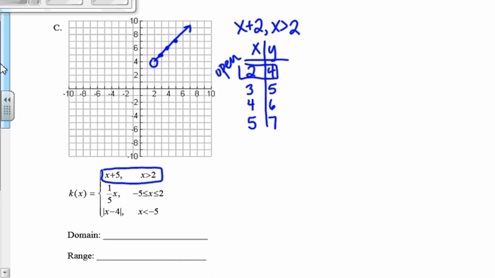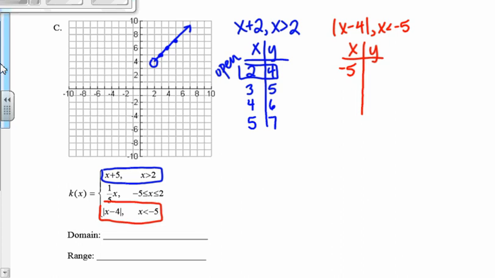I'm actually going to skip that middle part here for a second, and I'm going to go to this last part. So we have the absolute value of x minus 4. X is less than -5. So we're going to make our xy chart. This inequality has a -5 in it, so we're going to start at -5. And it says x is less than -5, so let's pick some numbers that are less than -5.